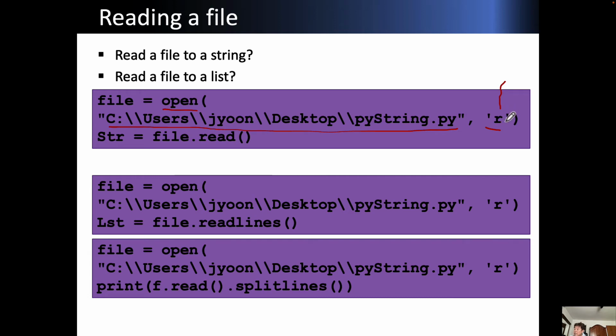If you want to write, then quote w quote. If you want to manipulate binary data, then quote b quote. These are some options that you can find in the libraries. Once you open it with the open function, then you read it.